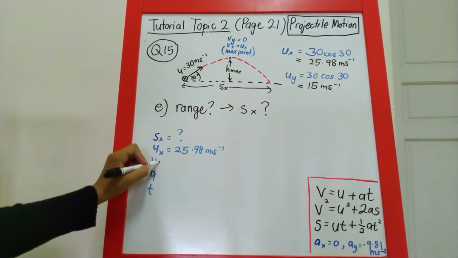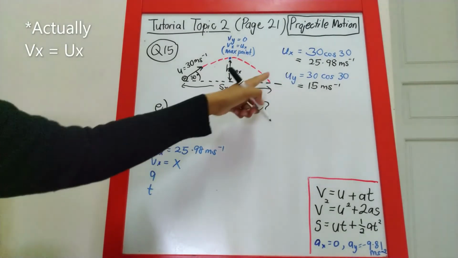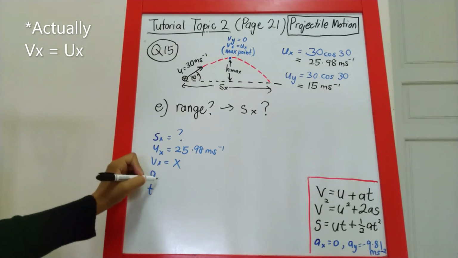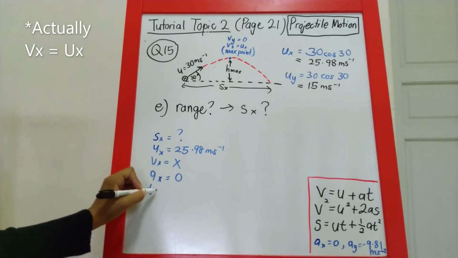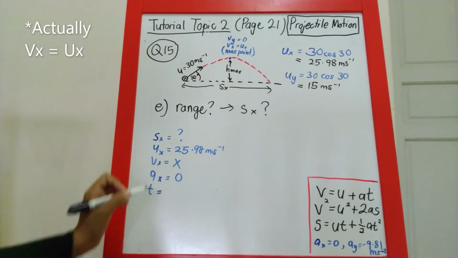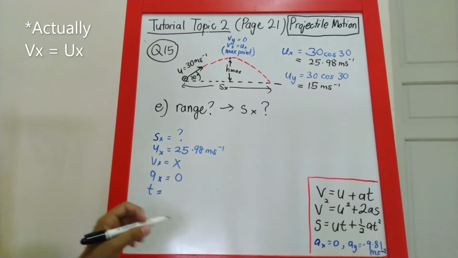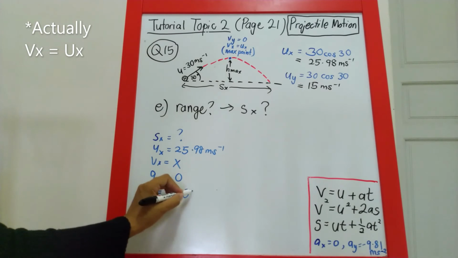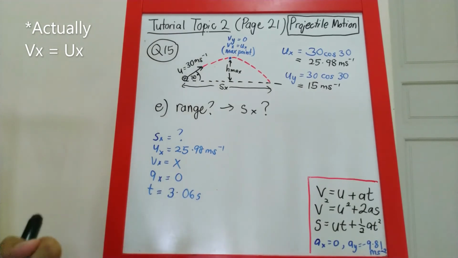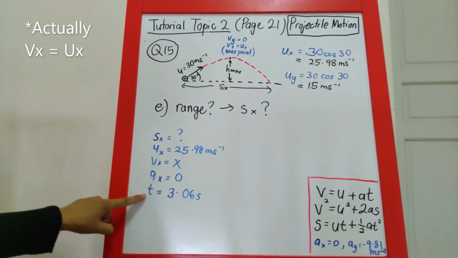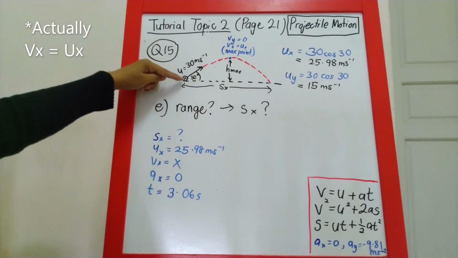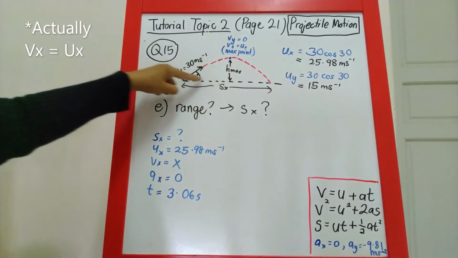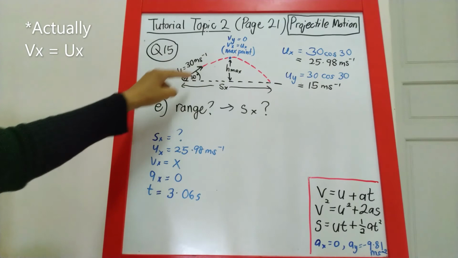Vx, you don't have any information regarding V here. Ax equals 0. And time is what you found in the previous question, 3.06 seconds. This is the time of flight, which is synchronized with the horizontal distance here, the total time.